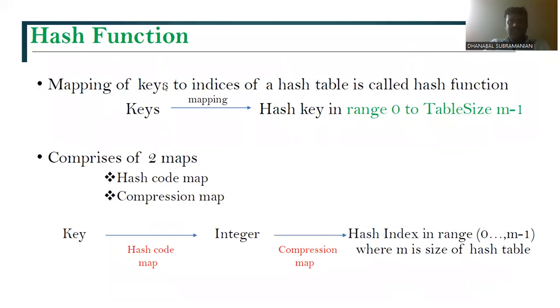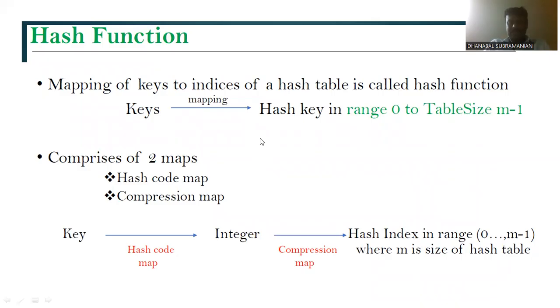And hash functions: the mapping of a key to an index of the hash table is called a hash function. Keys are mapped to a hash key in the range from 0 to table size minus 1. Table size m equals memory locations. So just assume I have 5 data to insert in my computer memory location. The array index starts from 0 to 4, 5 locations.